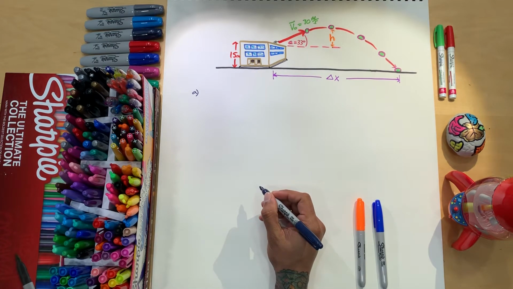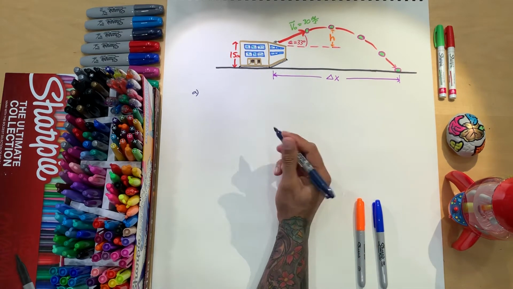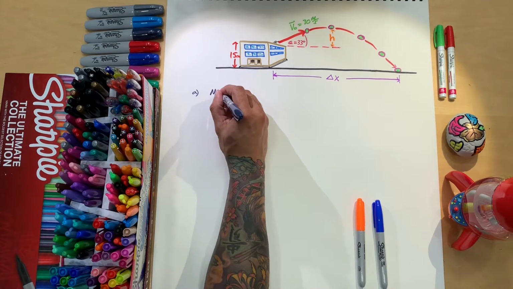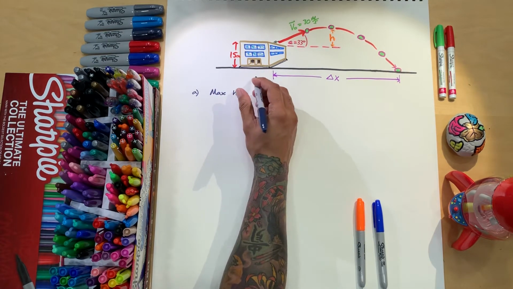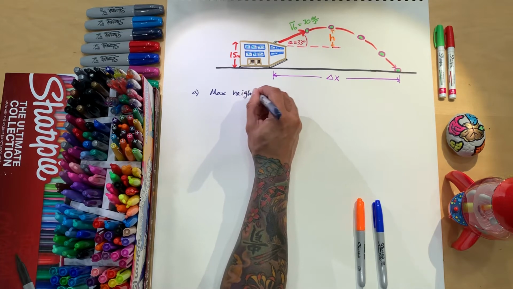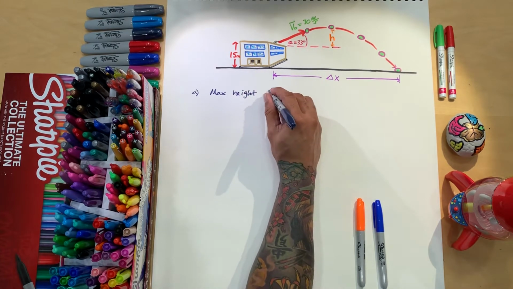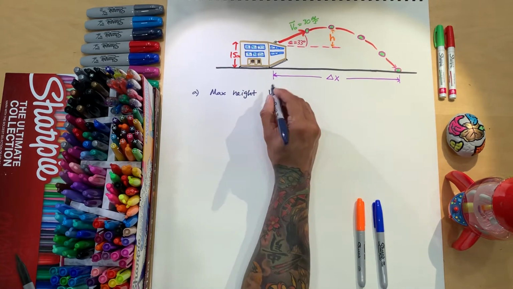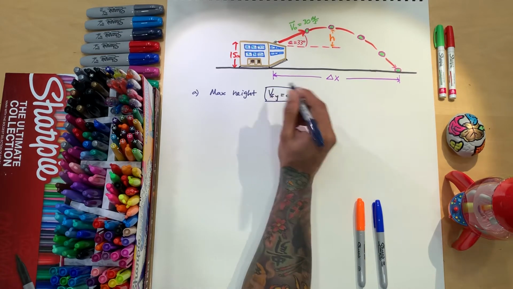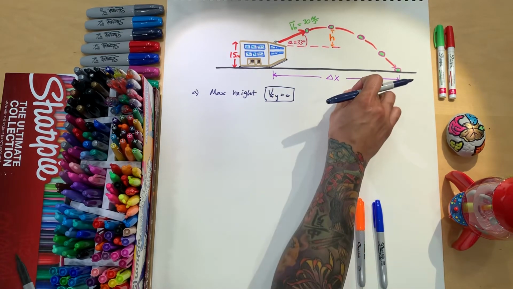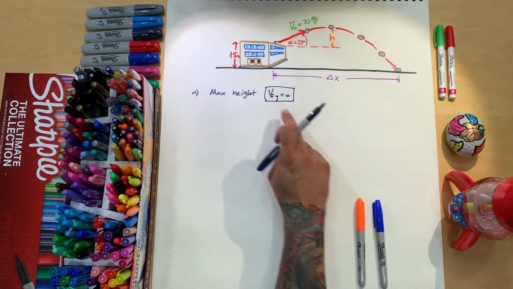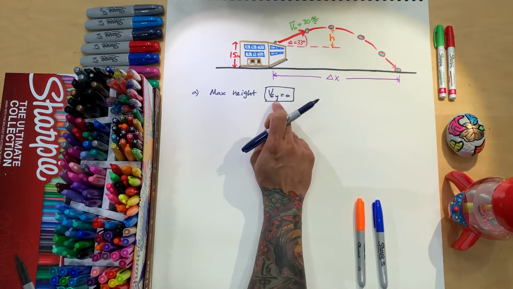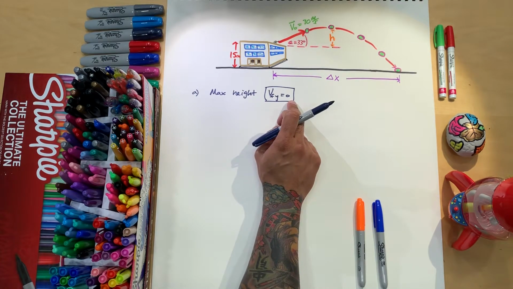When you hear max height, you should already think alarm systems going off, and then you realize V final in the Y is equal to 0, right? Because if you throw something up, it stops at the top, turns around, and comes back down. So the final velocity in the Y direction is equal to 0.